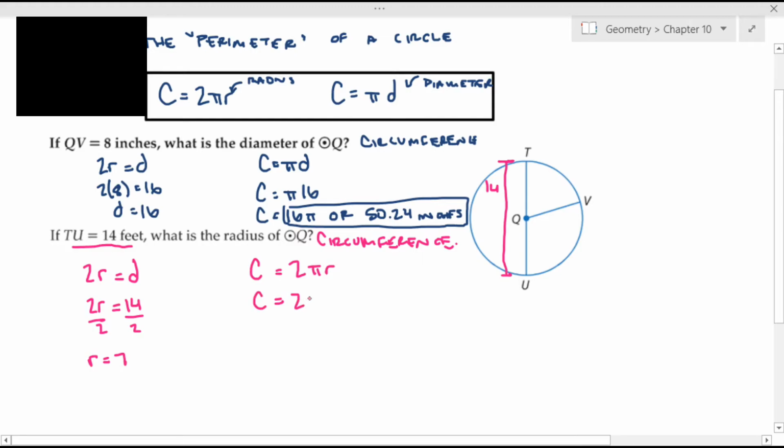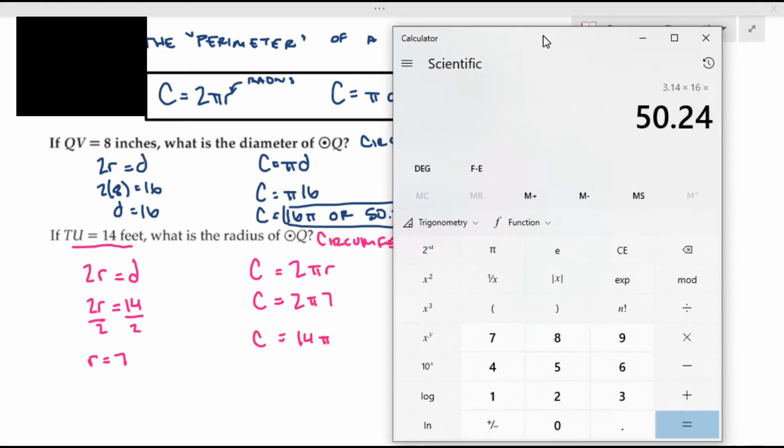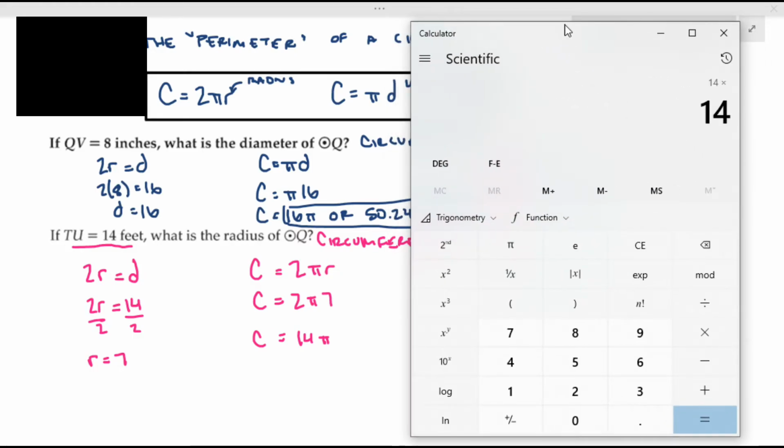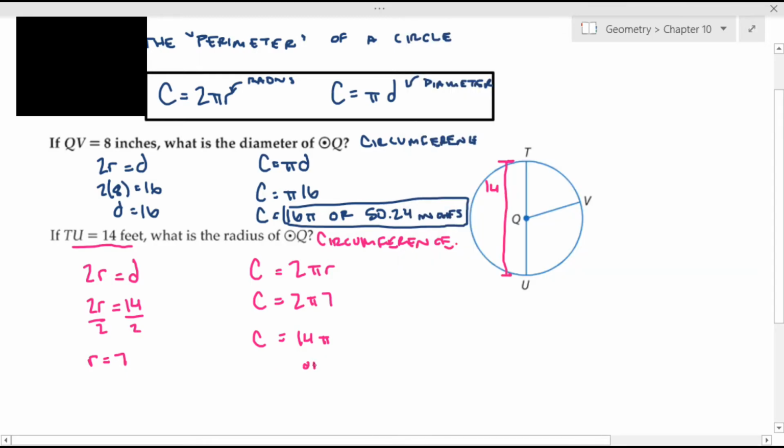Circumference is 2 pi times 7. 2 times 7 is 14 pi. That would be the exact answer, but if we want to round, 14 times 3.14 is 43.96, or 43.96 feet. So this 14 pi is the exact answer. 43.96 is the rounded one.